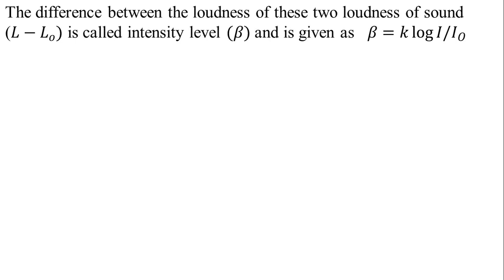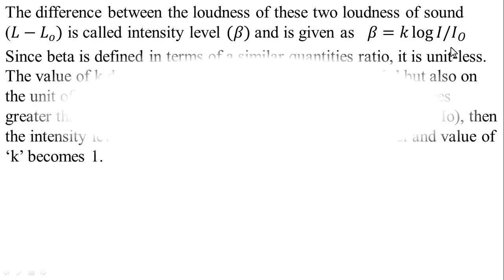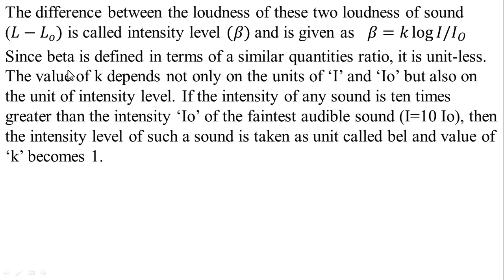Now the difference between the loudness of two sounds, L minus L naught, is the intensity level, denoted by beta. Beta is given by beta is equal to K log of I over I naught. So beta is defined in terms of the ratio of similar quantities.